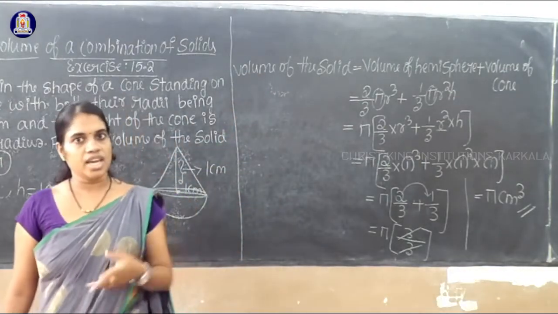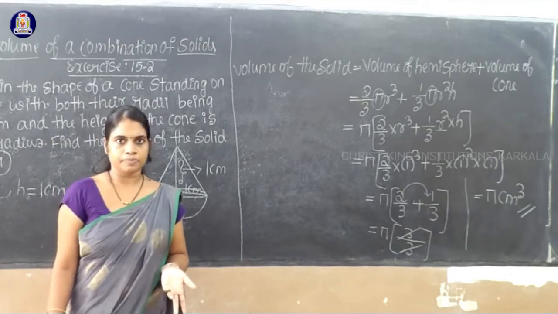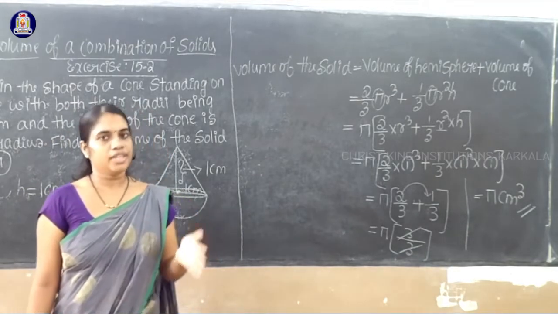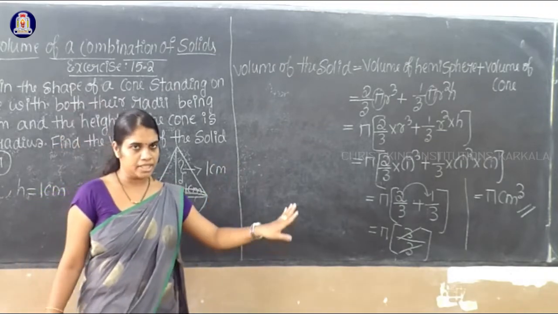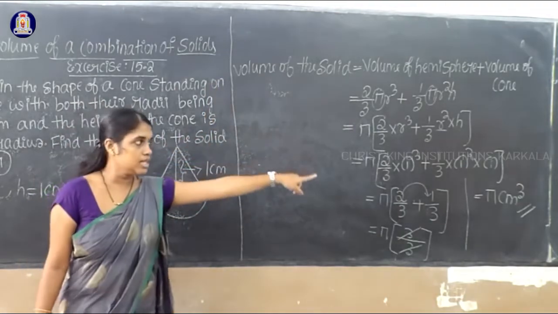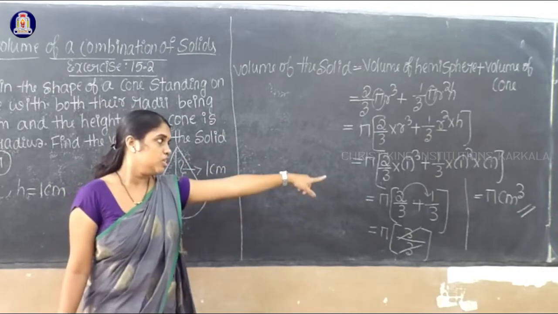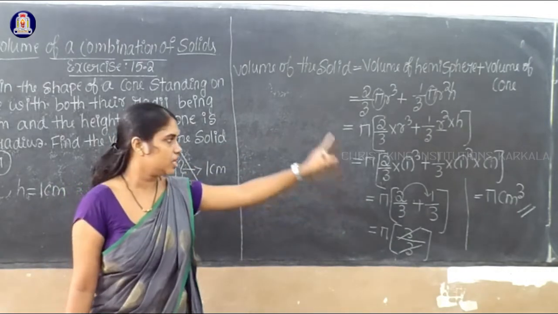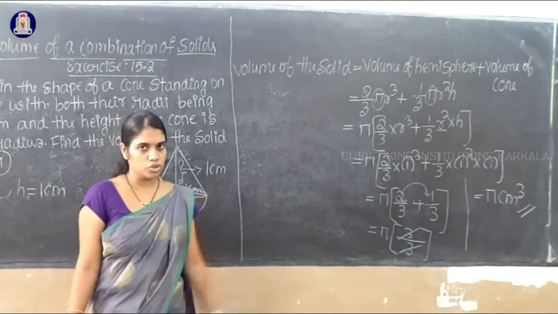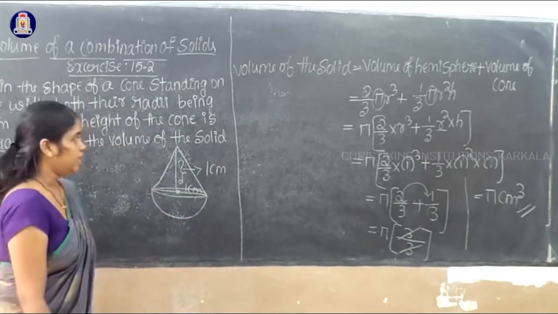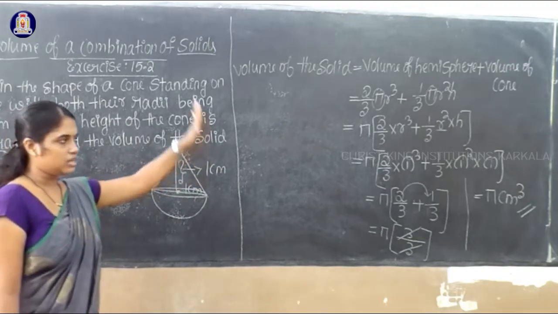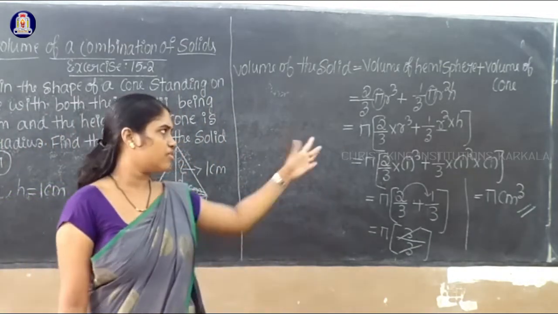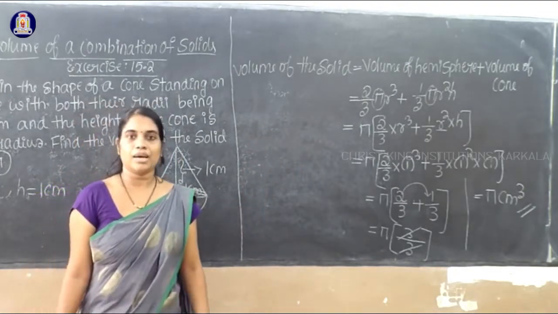If it is area, centimeter square, because the unit of the area is square units. If it is volume, then centimeter cube. So pi centimeter cube. I will not substitute the value of pi. Why? Because in the question given, your answer must be in terms of pi. So write your answer in terms of pi only. So the final answer is pi cm cube.